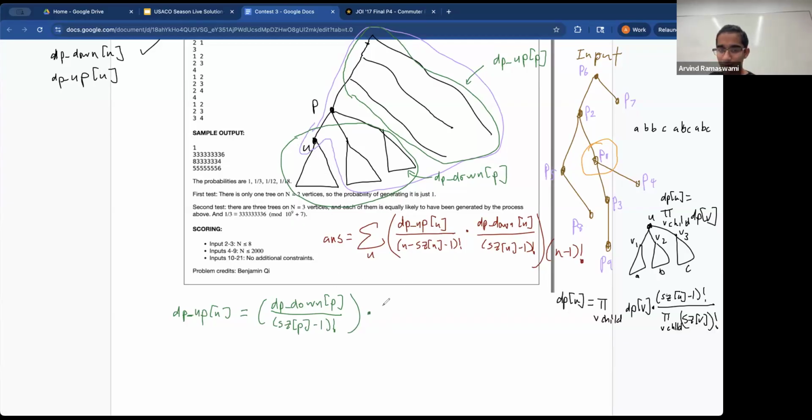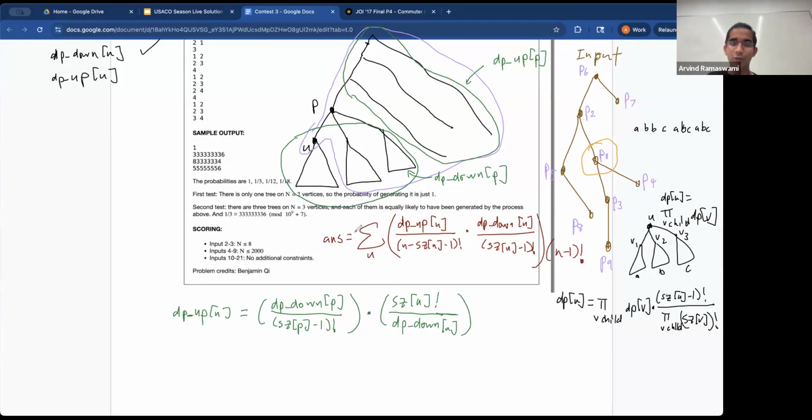So it's going to be times size U factorial over dp down U. There are a lot of details to actually come up with this.